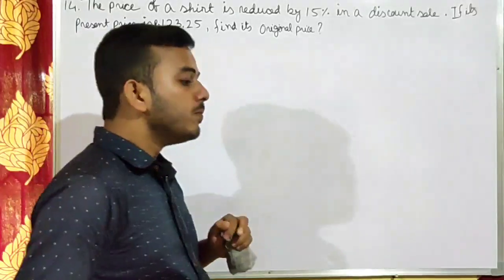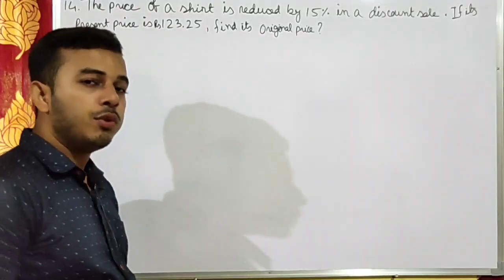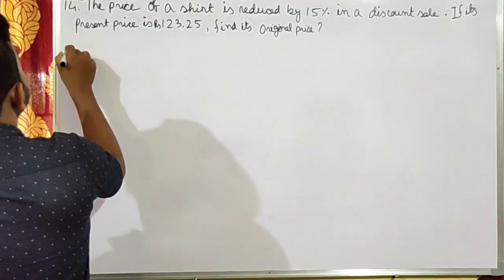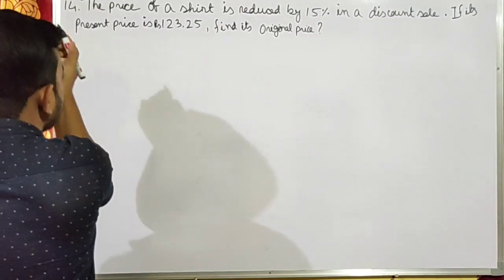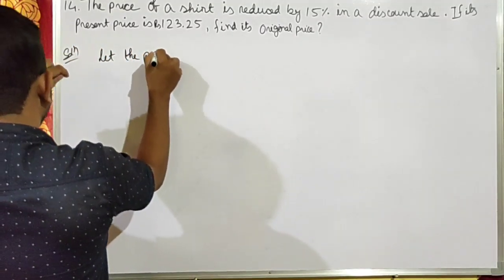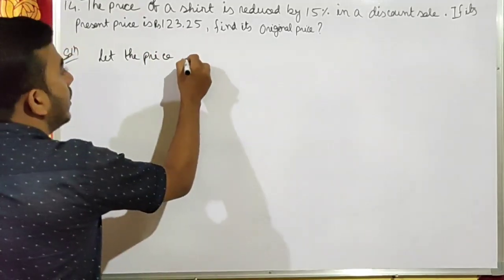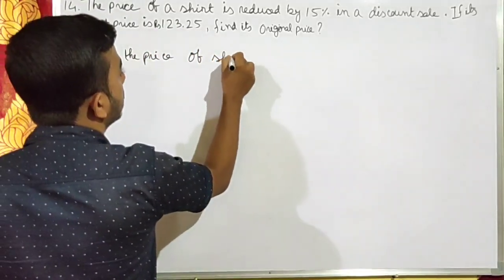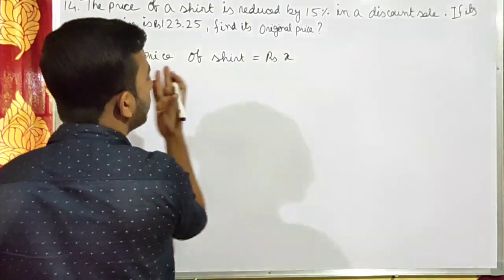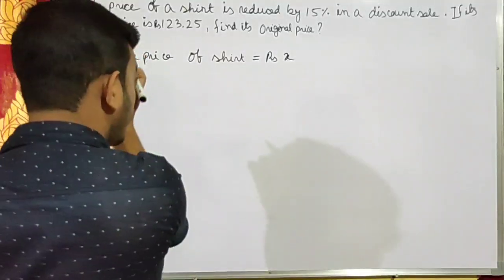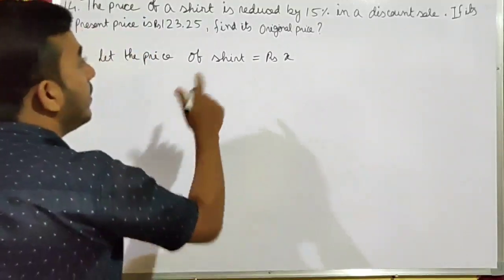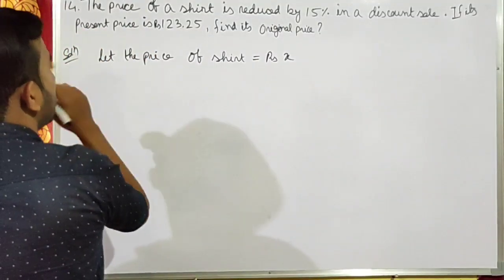Now look, let the price of the shirt be rupees X. Now 15% of X is the reduction in price.